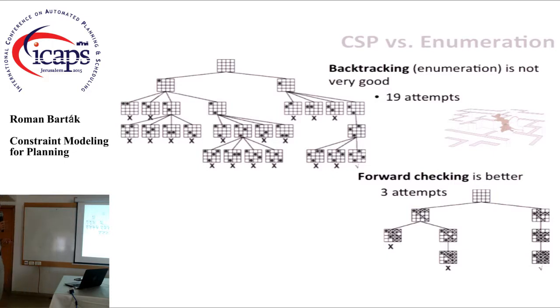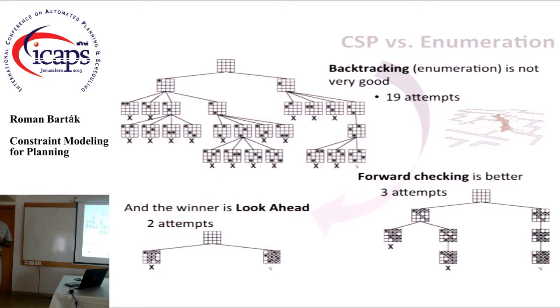And we can do it even better, because if we make the problem arc consistent, as I showed you later, we can solve the problem even faster. We just need 2 attempts at the level of the search procedure to find a solution. Of course, each step here is slightly more complicated than in backtracking, because we are running the AC3 procedure there, right? So this is an example that I'm always using to show the difference between simple enumeration and constraint programming. It's really about the consistency, what makes constraint programming different from enumeration.